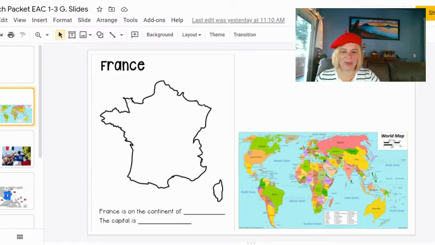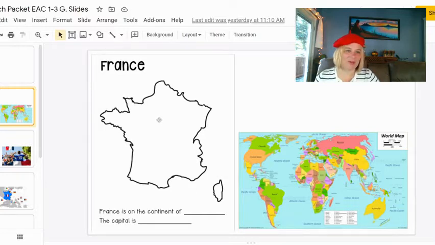We live up in this top part up here. To get to France, we would have to cross the Atlantic Ocean, and it's this purple one right there, right underneath my cursor, France, right there. Okay, so that's the shape that we're seeing here, and then there's a little piece down here.